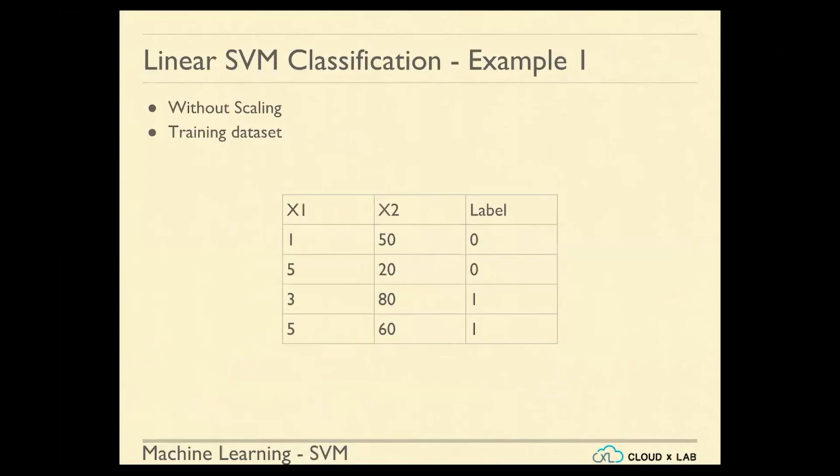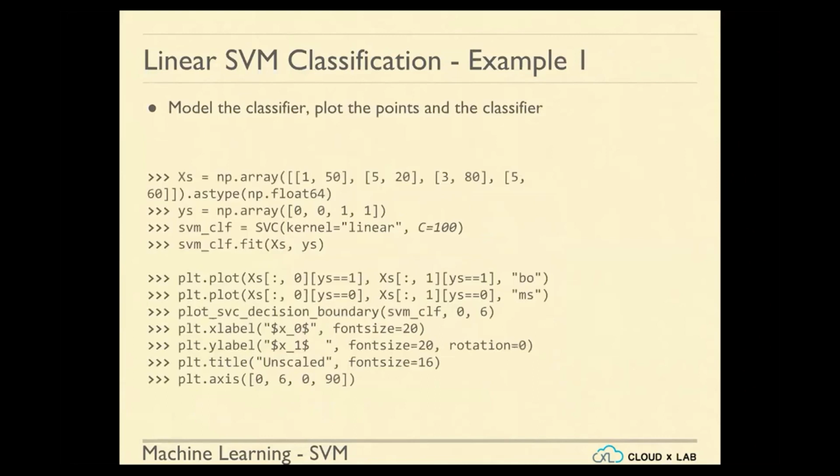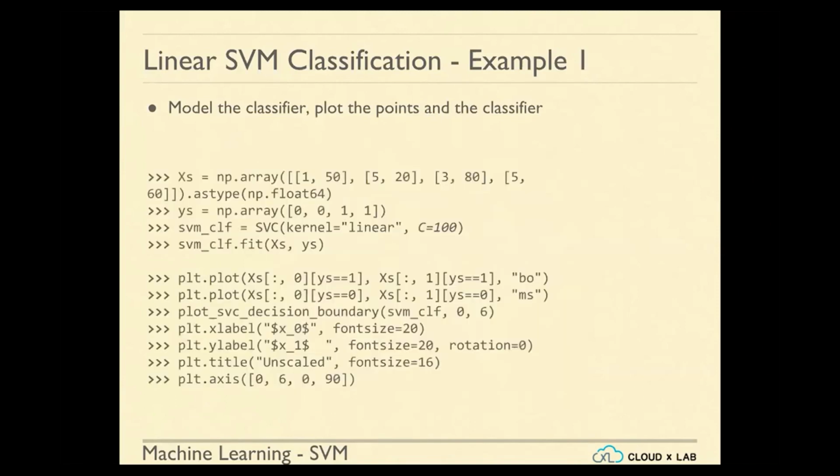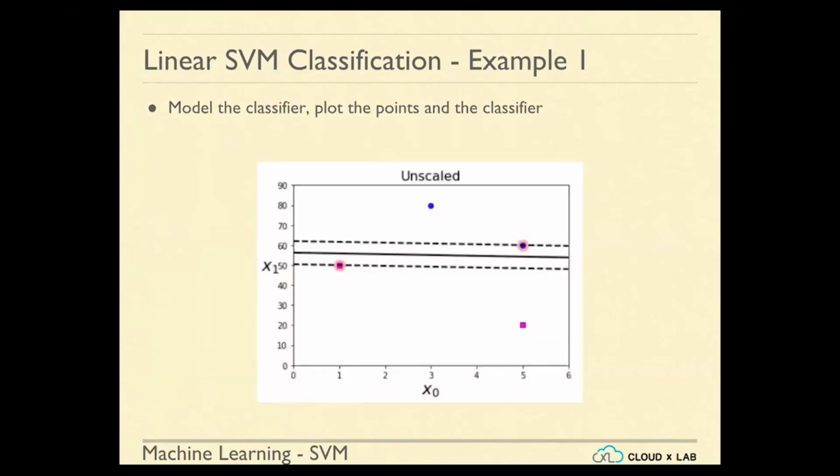All right, so basically without scaling, the training data set looks like this. We have data points like that, and we create an SVM classifier and we fit it. Then we are plotting it and so on.